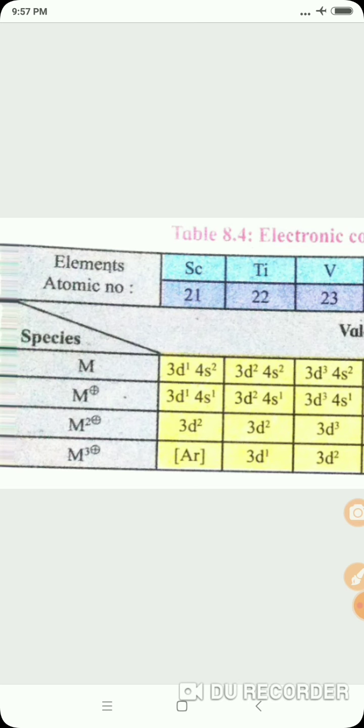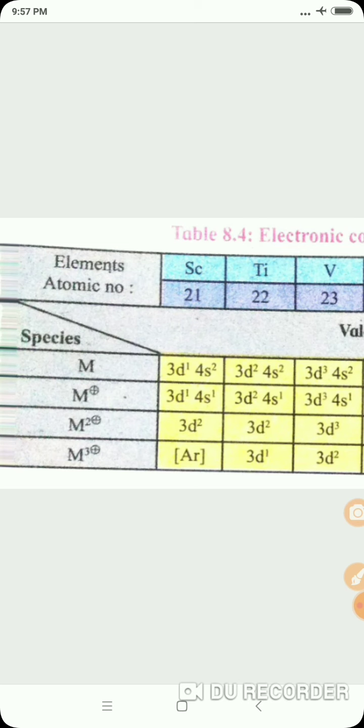Next, the M3+ ion: when there is a loss of two electrons from the 4s orbital and one electron from the 3d orbital, meaning a loss of 3 electrons, the metal atom gets converted into an M3+ ion. The remaining electronic configuration in square brackets, Ar, represents the electronic configuration of argon, having atomic number 18.